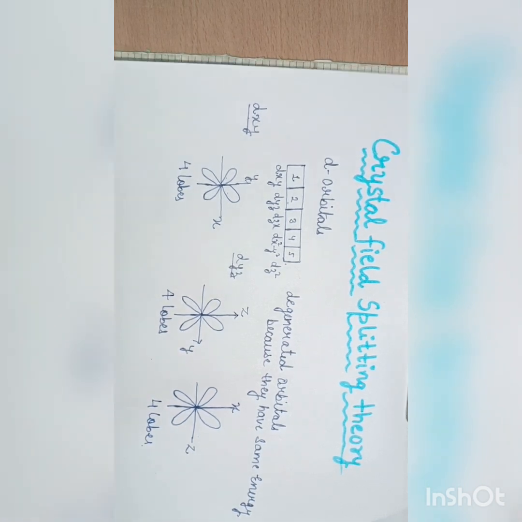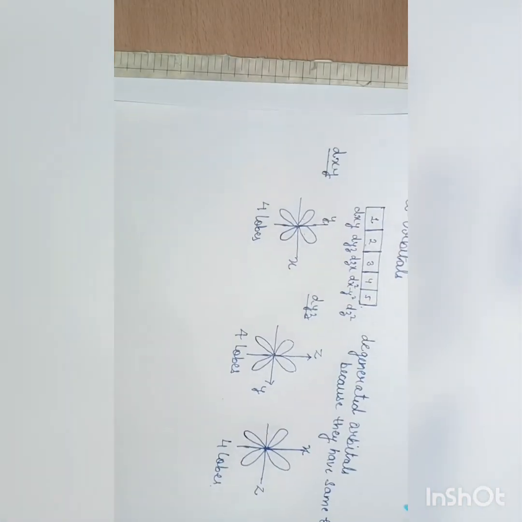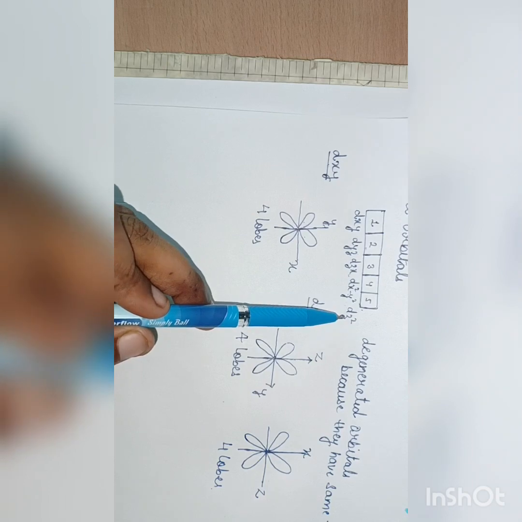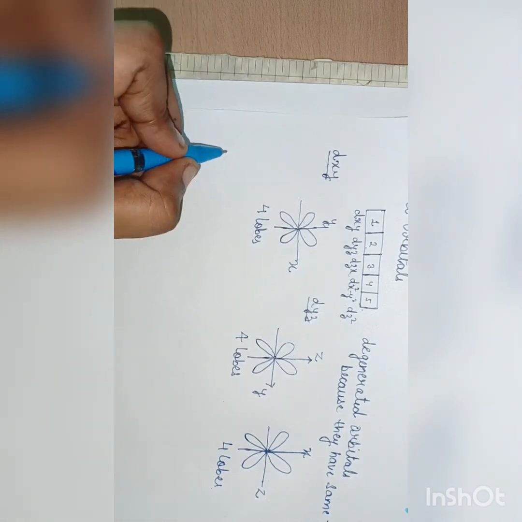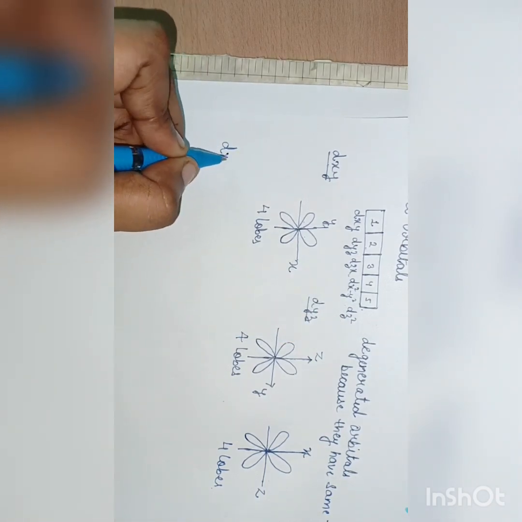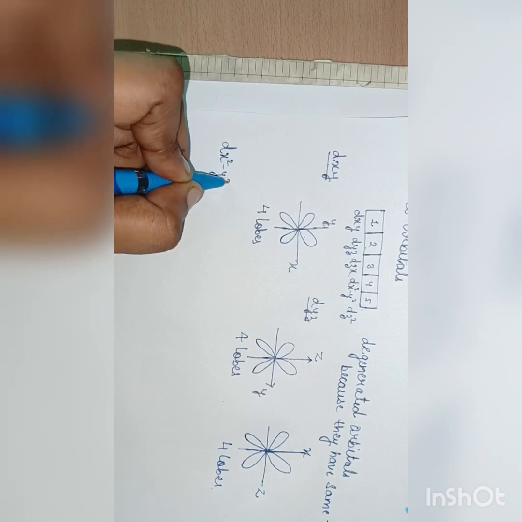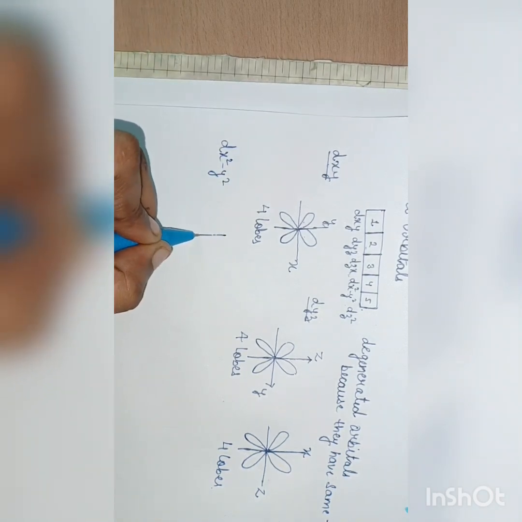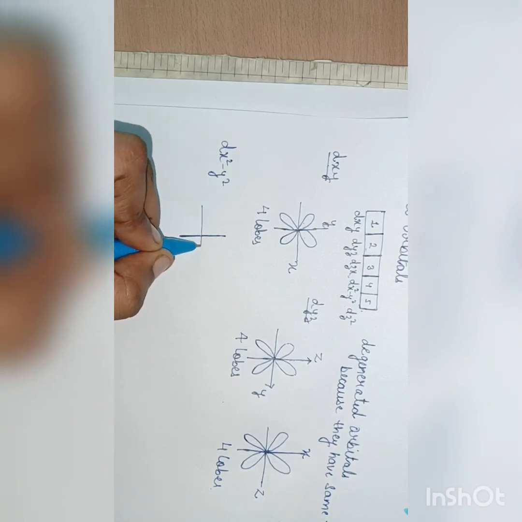Now we have to draw for dx square minus y square and for dz square. So for dx square minus y square, we have to draw the structure.